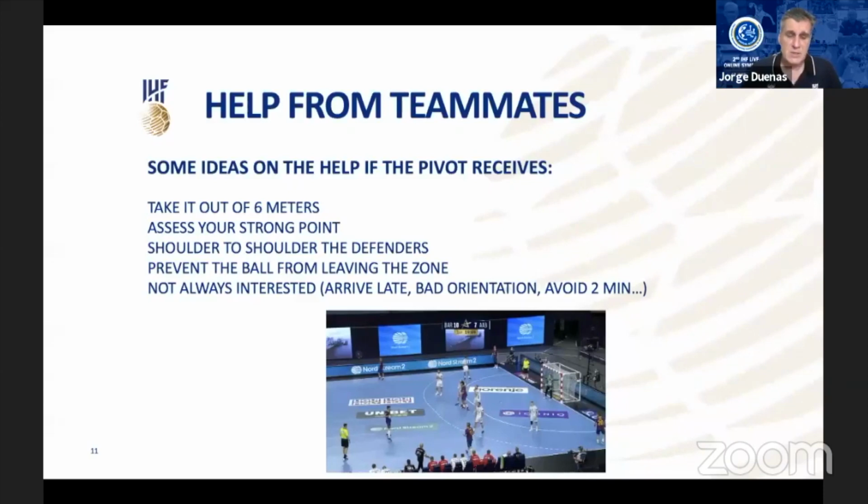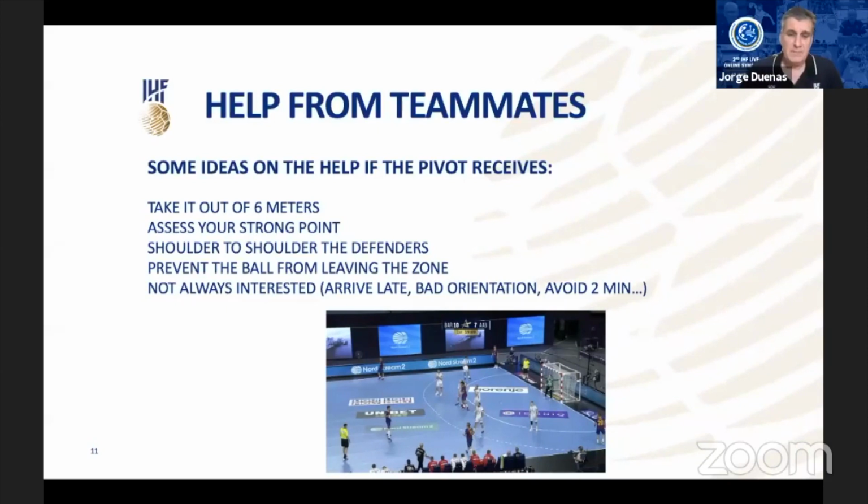If this situation is near 6 meters, normally the help of the teammate is inside. So in this case it's difficult, and normally the referees will decide 7 meters. Then prevent the ball from leaving the zone.